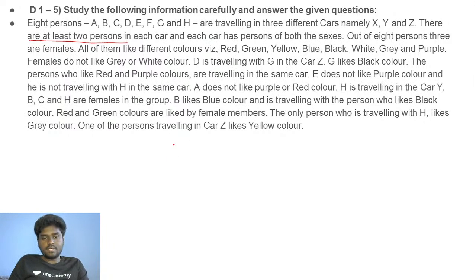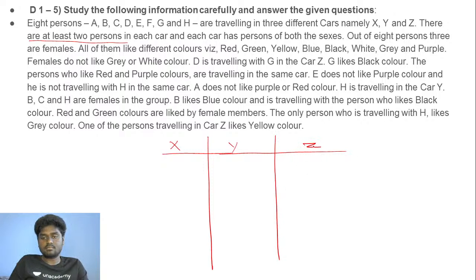So let me take this to be car X, this to be car Y, and this to be car Z. And if I want to go for the clues here, D is traveling with the G in car Z. Okay, so D and G are traveling in car Z, and G likes black color. Okay, so G likes black. The persons who like red and purple colors are traveling in the same car. Okay, so red and purple, they travel in the same car.